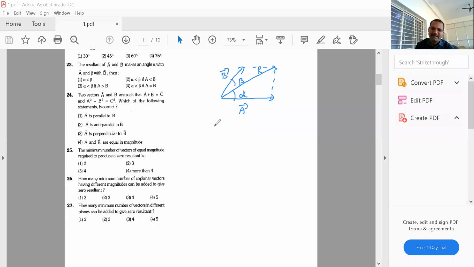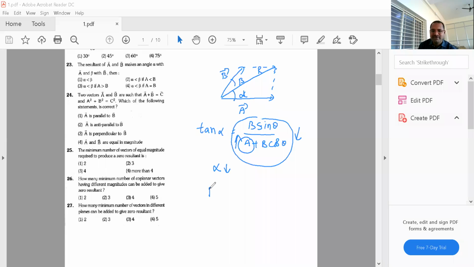Clear? Yeah. Now tan alpha, how can we write? Tan alpha we can write B sin theta upon A plus B cos theta. Correct? Yes. Now imagine that A is more. Then what will happen? This total value will be less. When this total value is less, alpha should be less.